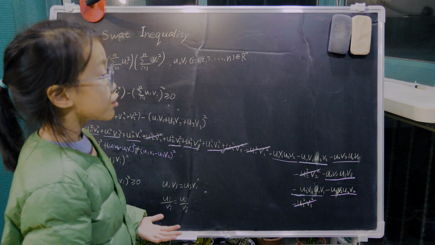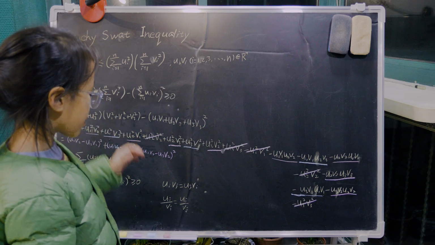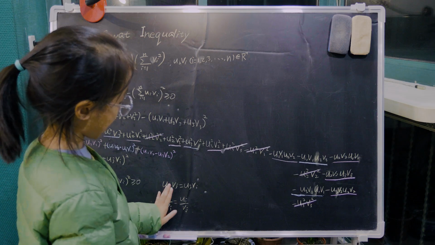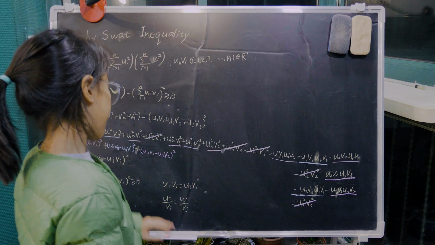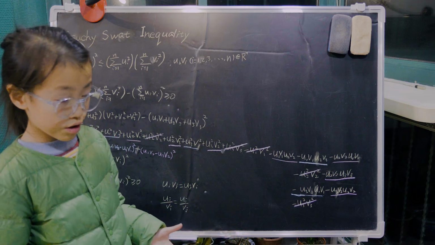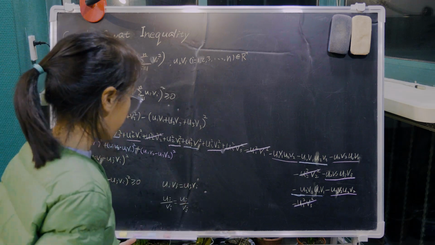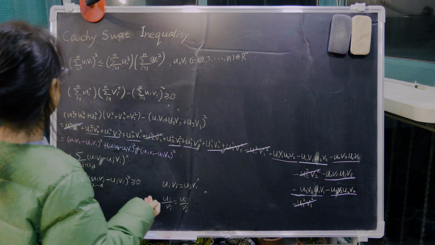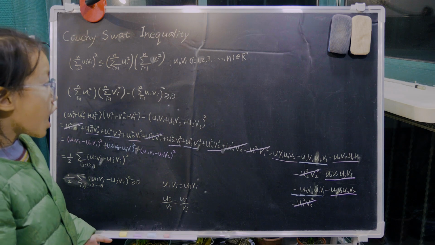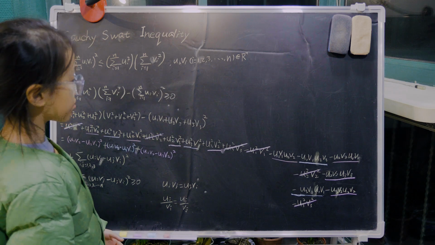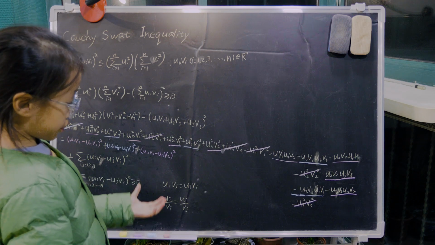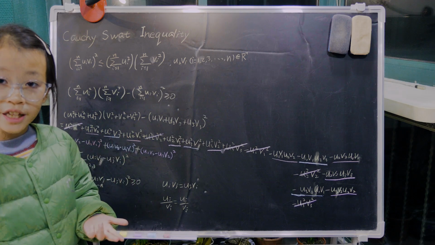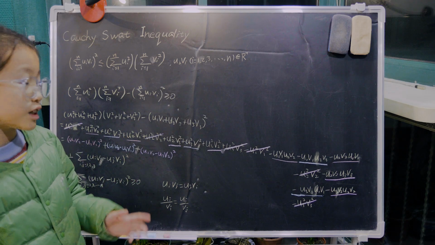Of course, if I only have u_i, v_i left because the others are all zeros, it only leaves this part, and the inequality will change to an equation. So in n dimensions, at least 2 pairs of coordinates need to be nonzero.